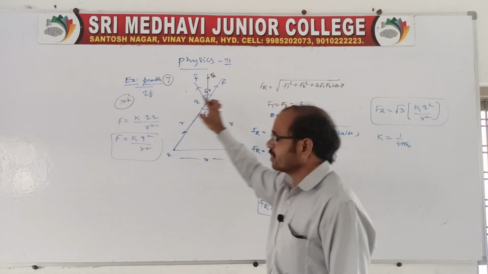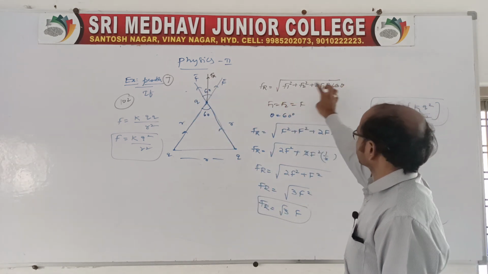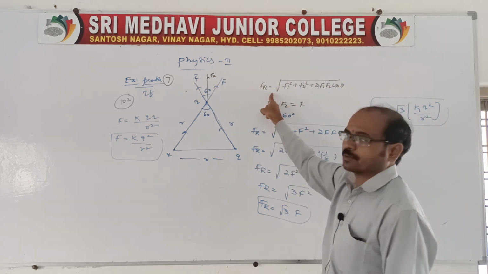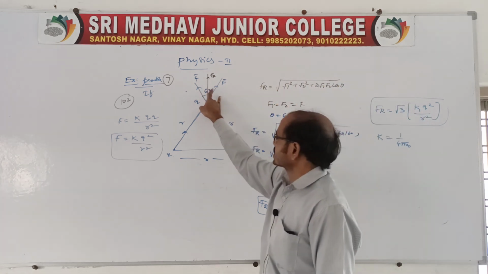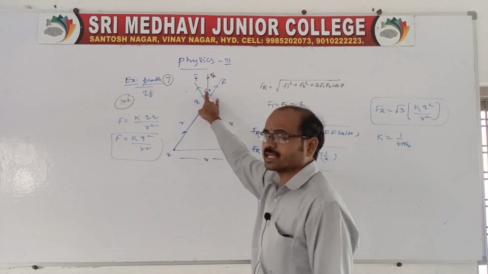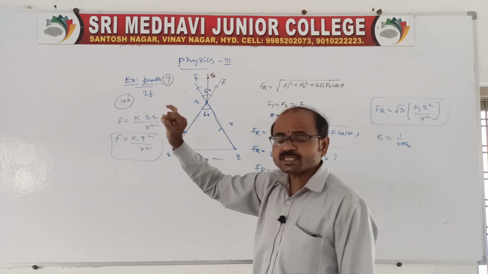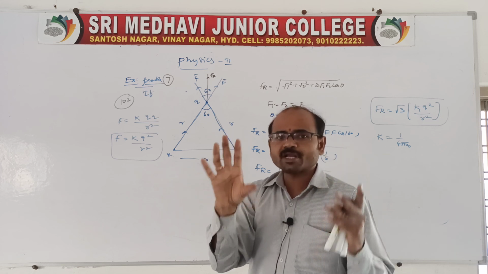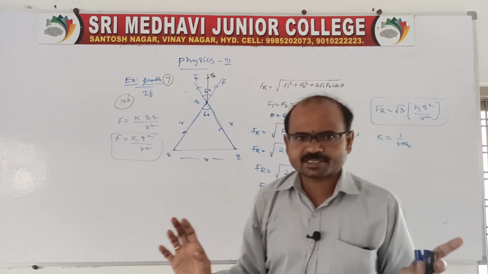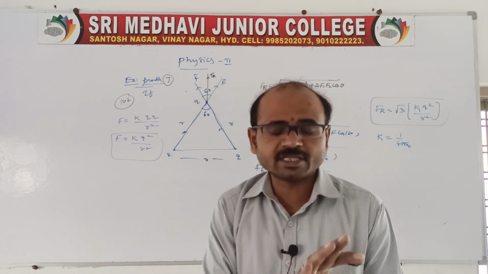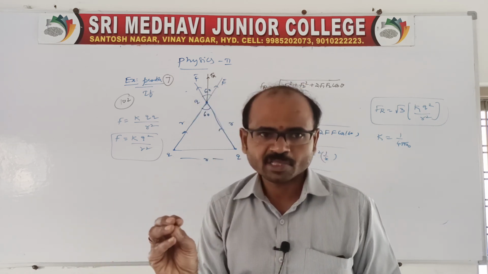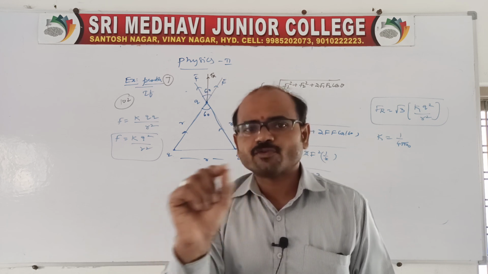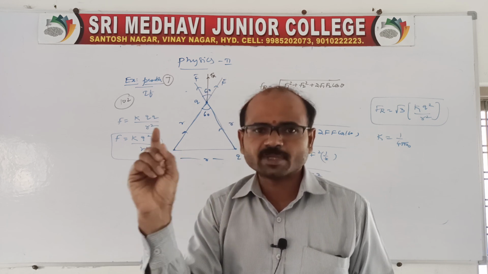That's what you apply. The resultant force is equal to root over F1 square plus F2 square plus 2F1F2 cos theta. Here we should use this because these two forces are acting at an angle of 60 degrees, no? Suppose all forces are simultaneously acting at one point and there is no angle given in the question, then you directly add all the forces: Fr is equal to F1 plus F2 plus F3 and so on.